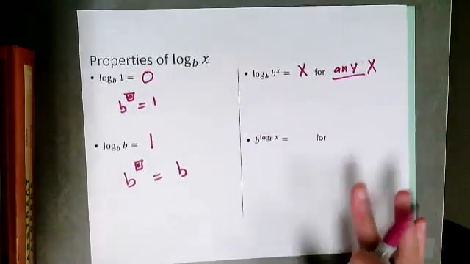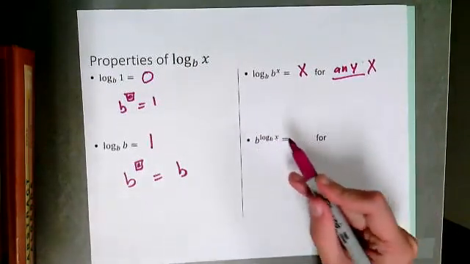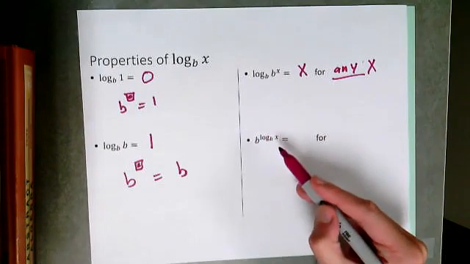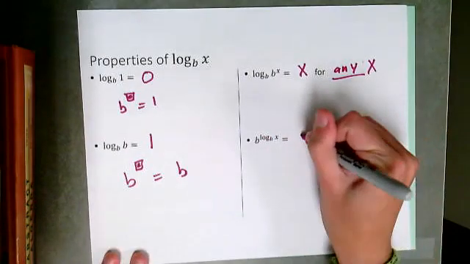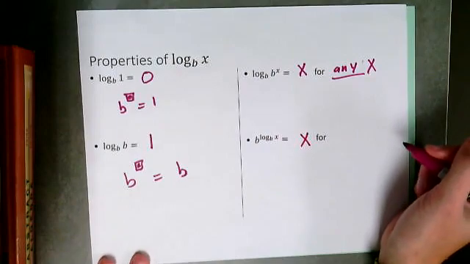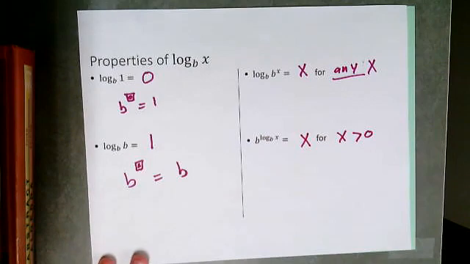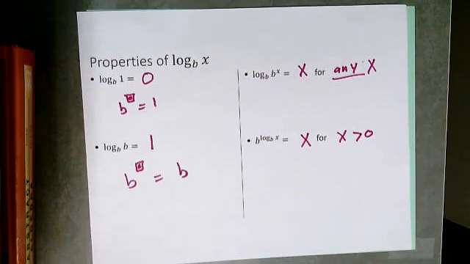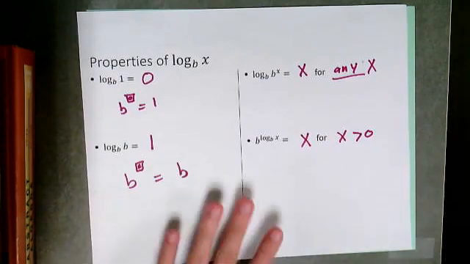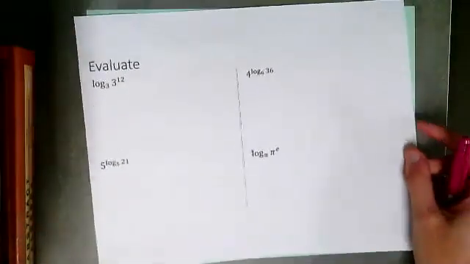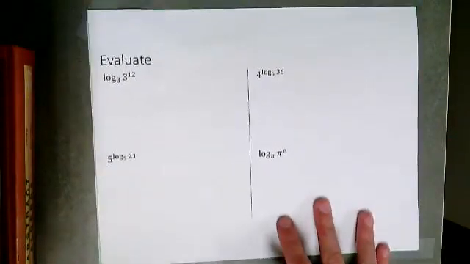Another property that's important, if you have b raised to log base b of x, you get just x back for any x bigger than 0. This breaks when you have something less than 0. And we'll get into the reasons for that why in a minute also. So knowing these properties, let's take a look and evaluate some things. All right.